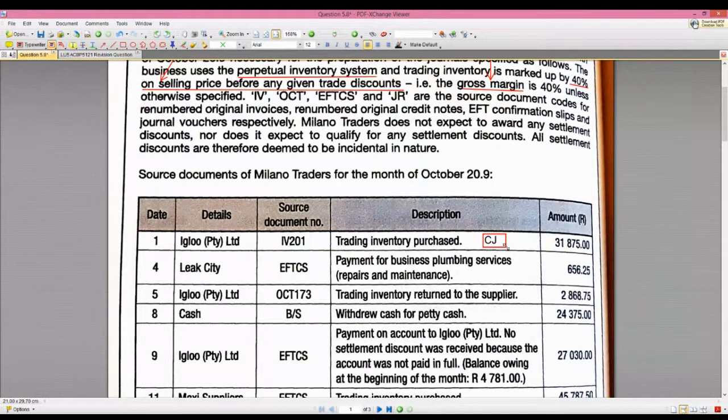The second one, Leak City, payment for business plumbing services, repairs and maintenance. Now that one is your cash book. Then on the fifth, Igloo Pty Limited, trading inventory returned to the supplier. So it's something that we bought that we are going to return. So that is your creditors allowance journal.